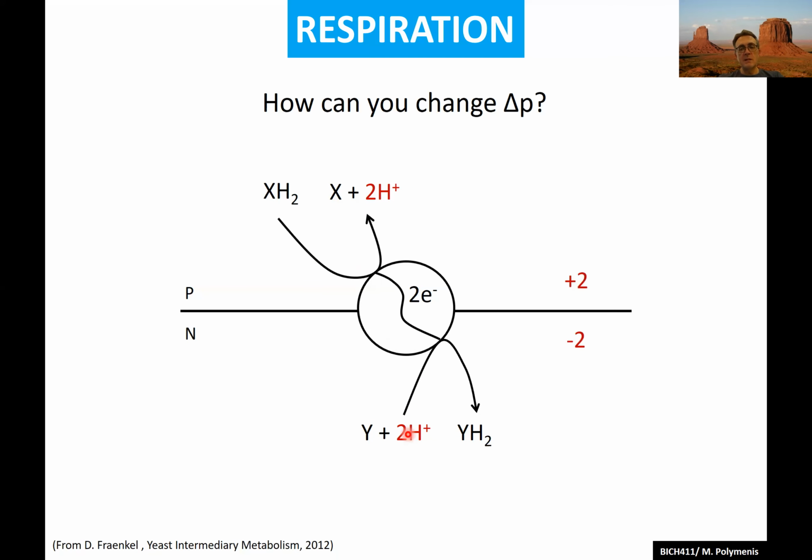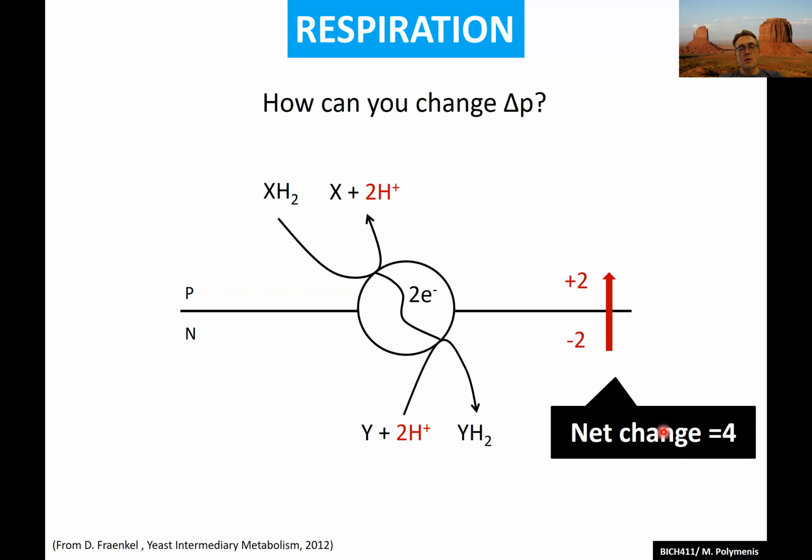All right, so you're going to generate a proton motive force. You're going to have a net change of 4 protons, obviously. It's as if 2 protons left the inside and moved to the outside. So when you tally them, you have 2 more here, 2 less on the other side, so you have a net change of 4 protons. So that is a redox scheme that can actually generate a proton motive force, right?